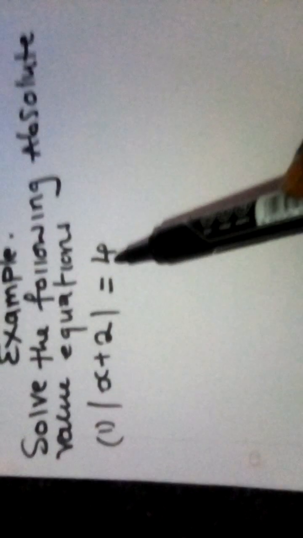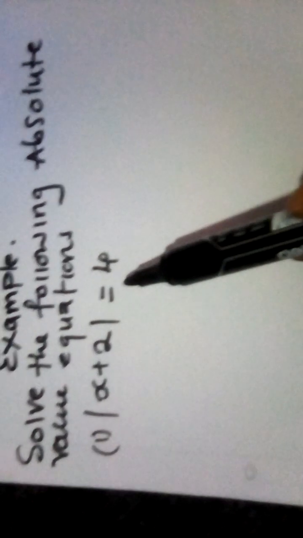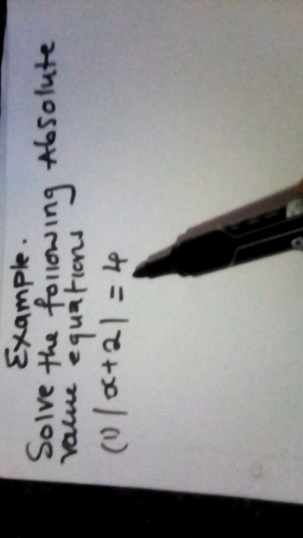Do you still remember the concept that we introduced in the introduction? When you are given this particular equation, you look at the value of C. In this case, C is represented by 4. So what can we say? It implies that this particular equation has two possible solutions.